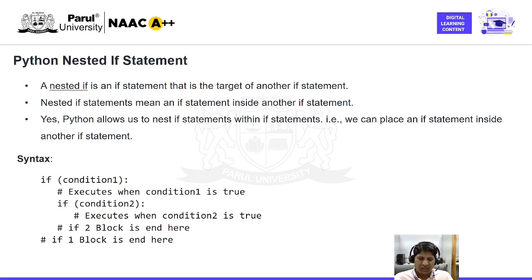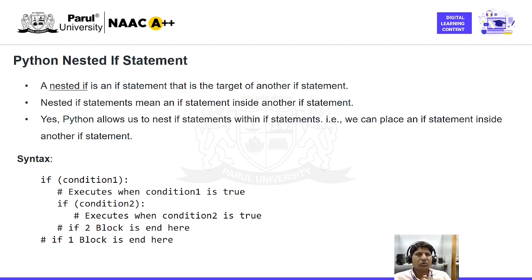It means when an if statement is executed, it transfers the execution pointer to another if, which is inside the previous one. Nested if statement means an if statement inside another if statement.